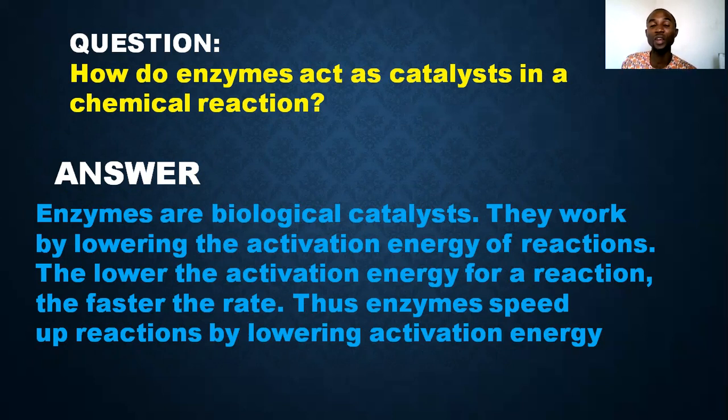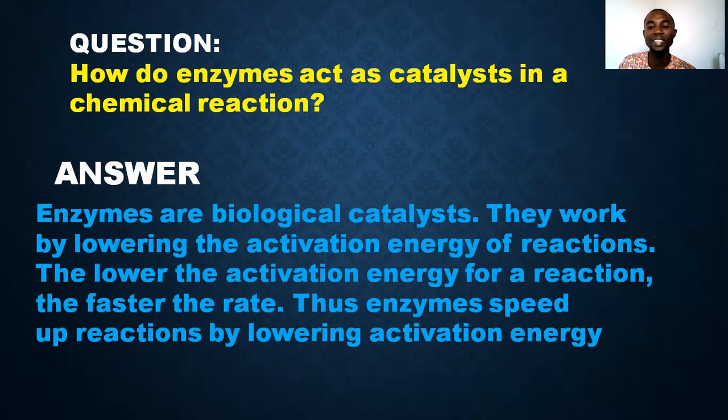Of course, they are biological catalysts, and how do they work? What they do and how they work is they lower the activation energy. Lowering of the activation energy is how catalysts or enzymes do their work. That lowering of activation energy makes the reaction faster. It makes the reaction rate faster.